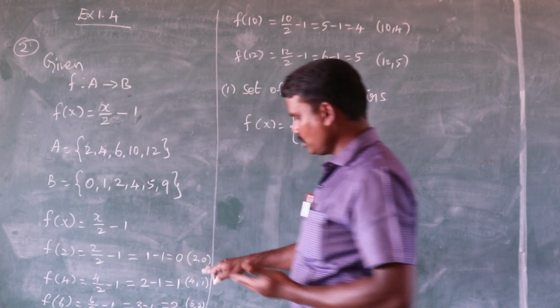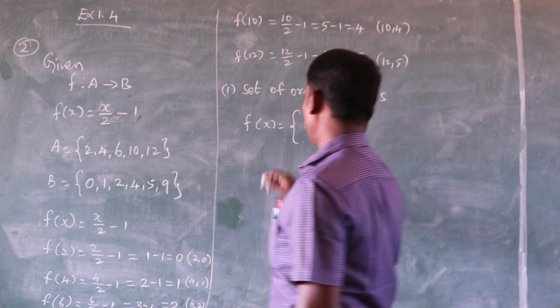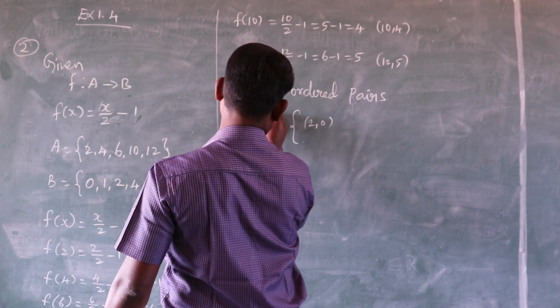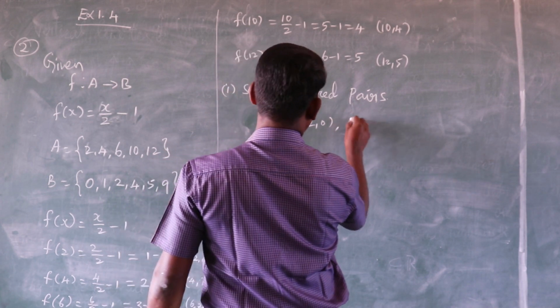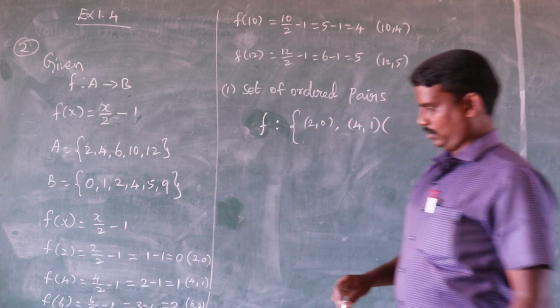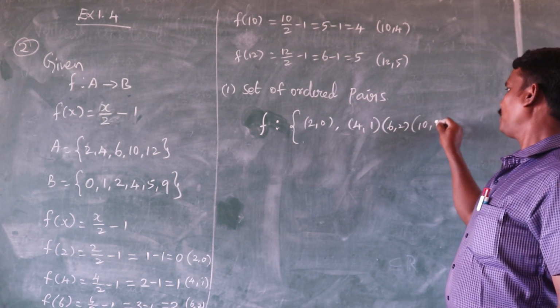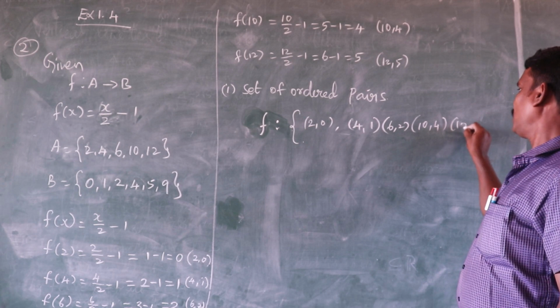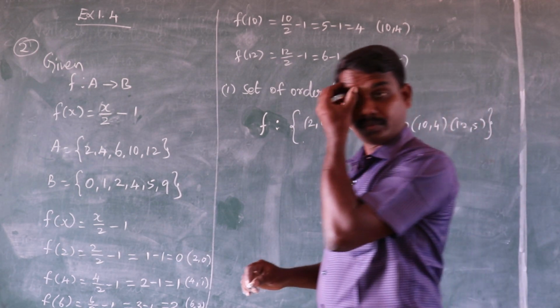Write the set of ordered pairs: 2 comma 0, 4 comma 1, 6 comma 2, 10 comma 4 and 12 comma 5. That's all. This is the set of ordered pairs.